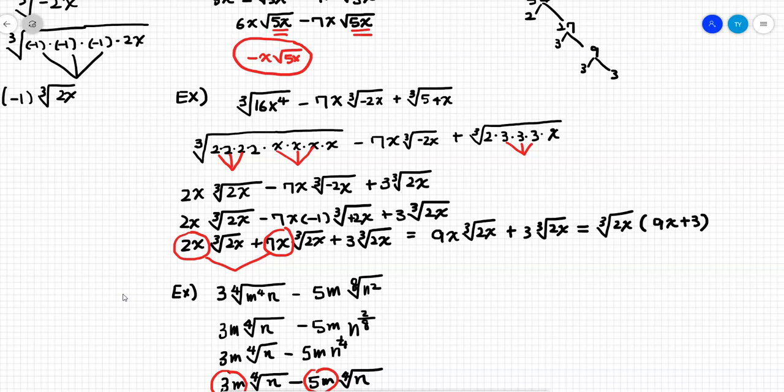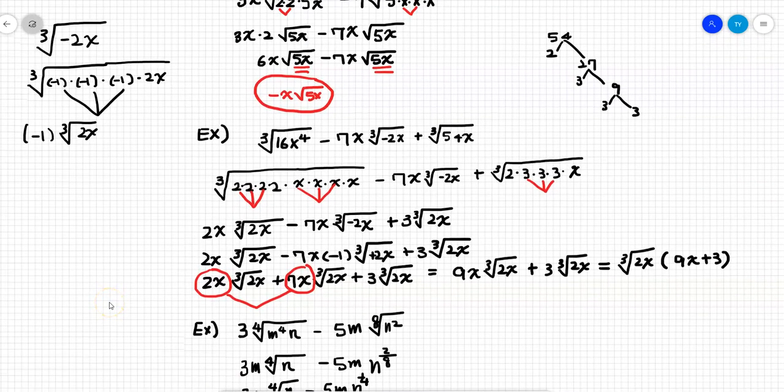So we were able to combine the first term and the third term because they have the same index with the same radicand. The problem was the second term. As I explained up here, you can rewrite the minus 1 three times, and you're going to get minus 1, so you can just take that out to the front. So minus 1 times the minus 7x gives us the positive 7x.